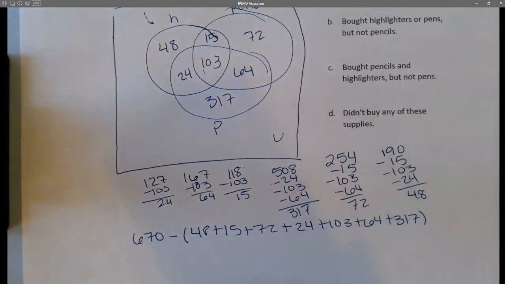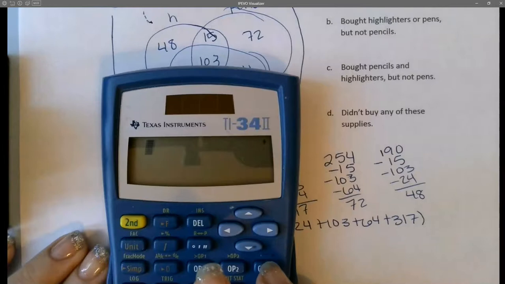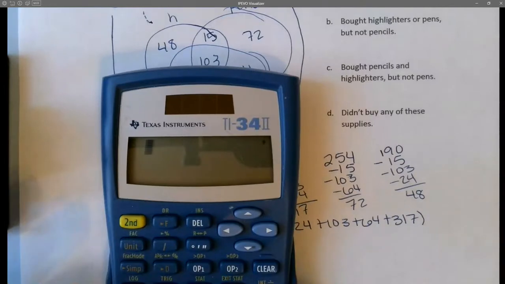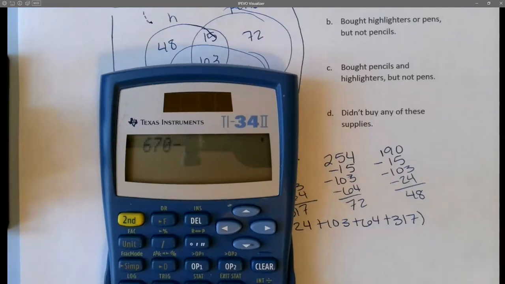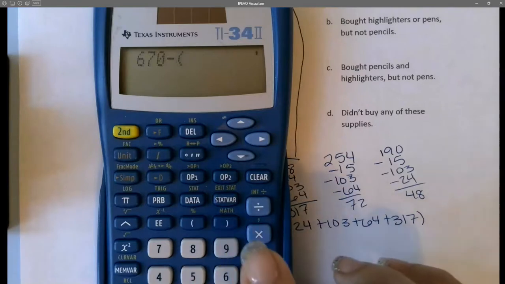I can type this exactly like this into this calculator, which has seemingly been looking blurry on the screen. Let's see how this looks. 670 minus, and then I want to type it on the calculator just like I wrote it in person. On both this calculator and the TI-84s, the parentheses appear above 8 and 9.